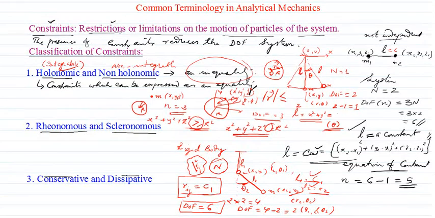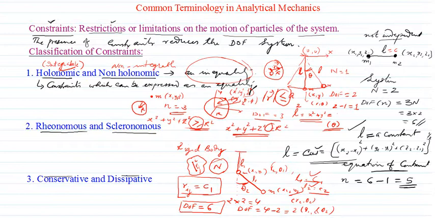So the magnitude of the position vector will always be less than or equal to a, meaning the molecules are constrained to move within the sphere only. Once again there is an inequality coming, not an equality. So those constraints which can be represented by inequalities are known as non-holonomic or non-integrable constraints.